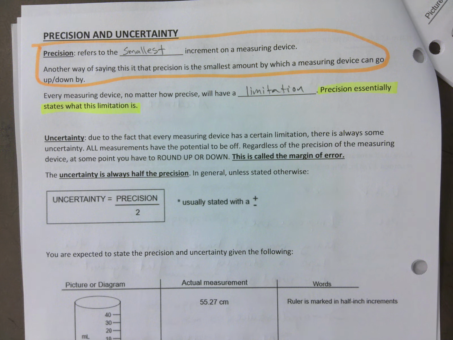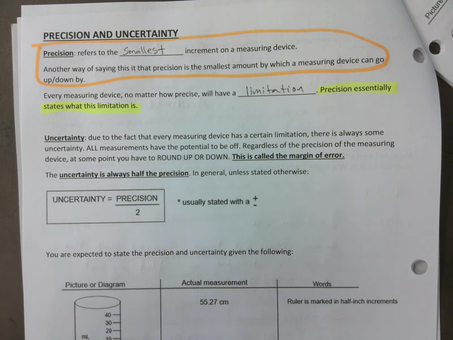So it doesn't matter if you go to NASA and look at the devices they use to measure something, it will have a limitation. It can only go so precise, but at some point it's guessing a little bit. It's rounding up or down. Unfortunately, we don't see on the measuring devices that it's rounding up or down.